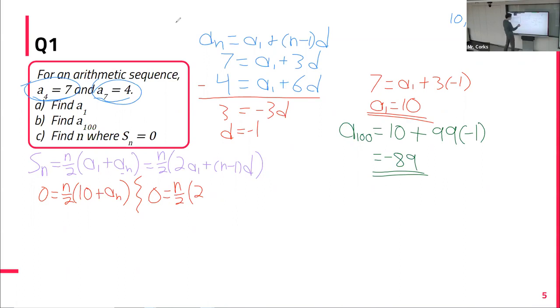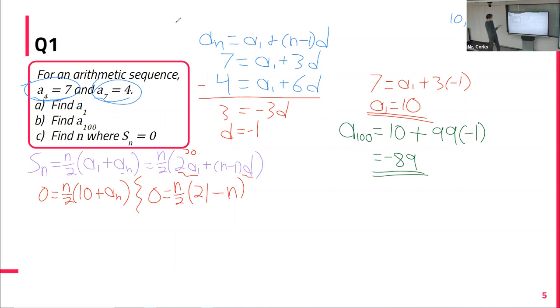So we would have 20, right, 21. So this is 20, and then here negative 1 times our d, negative 1, would give us a positive 1, so 21, all right, minus n will turn negative there.